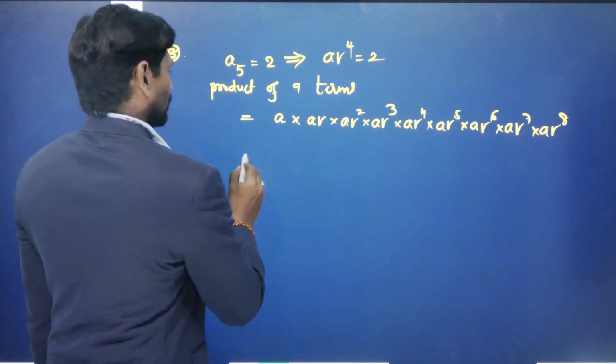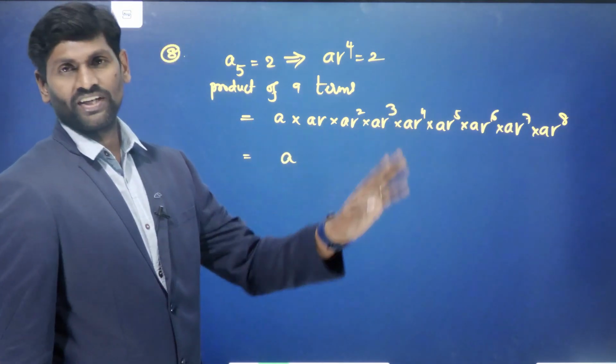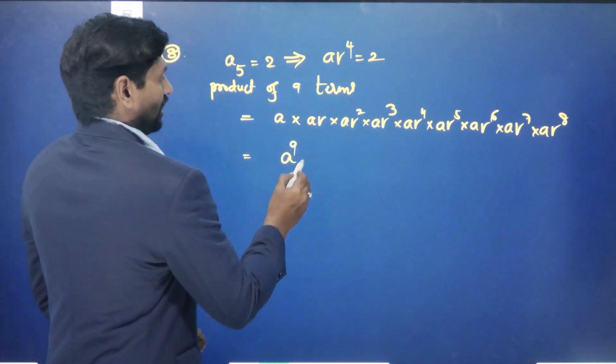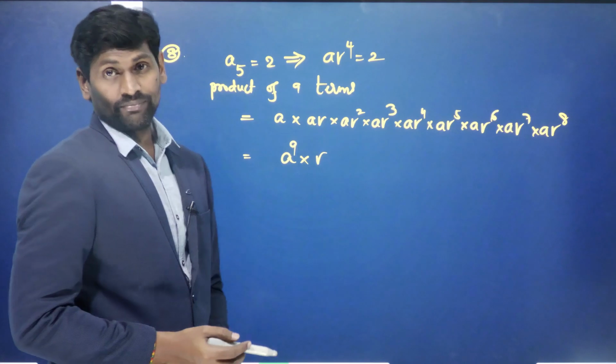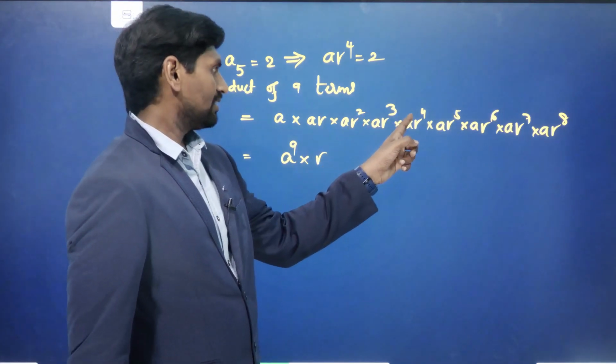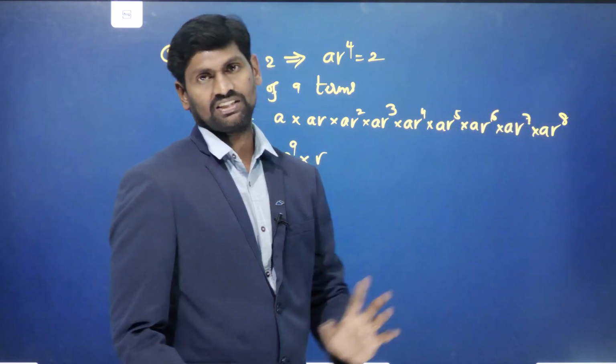Observe that A is multiplied continuously 9 times, so we can write A power 9. And R how many times? 1, 1 plus 2 is 3, 3 plus 3 is 6, 10, 15, 21, 28, 36.